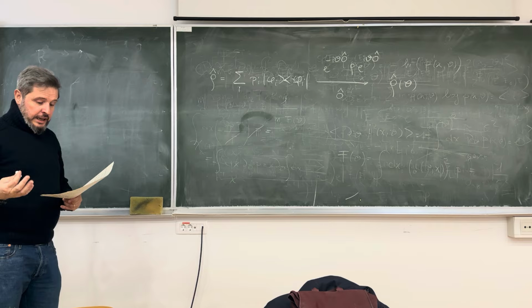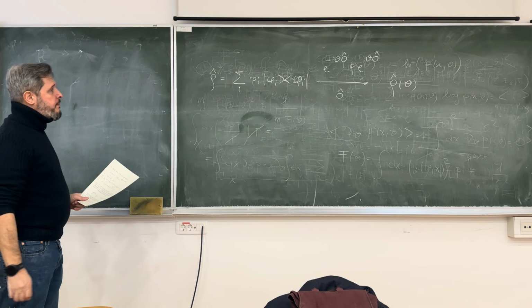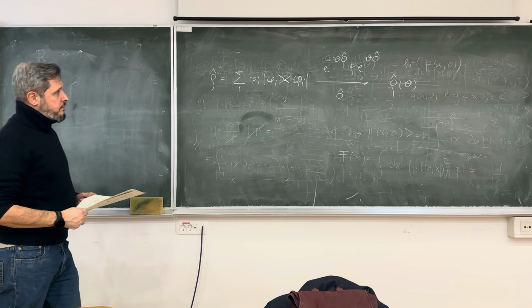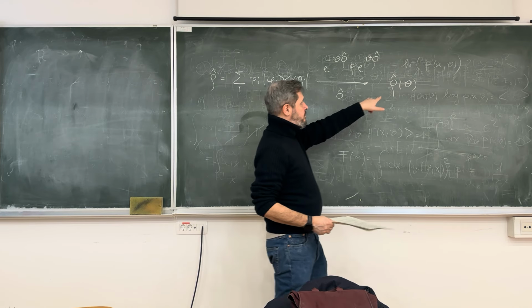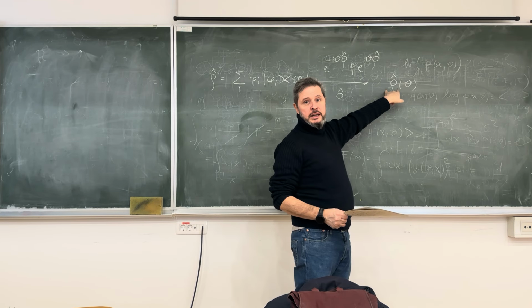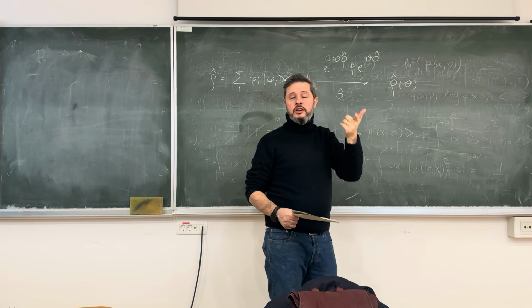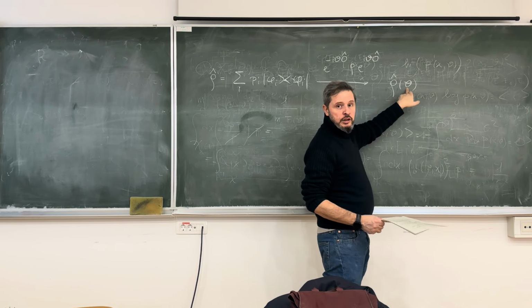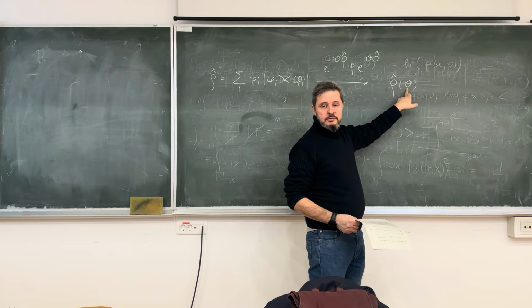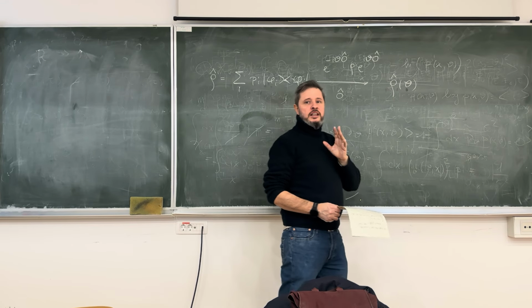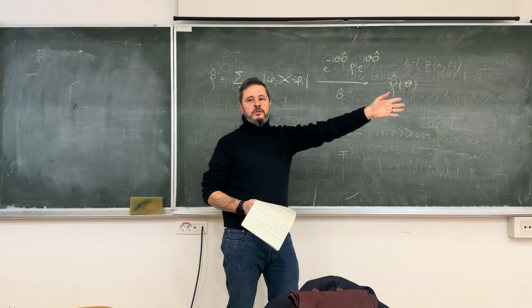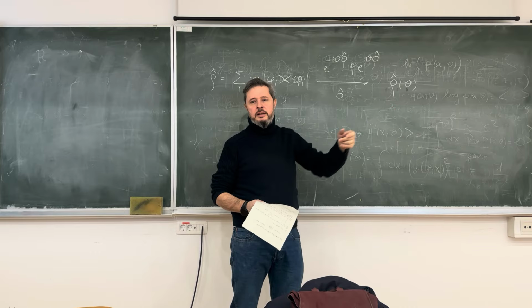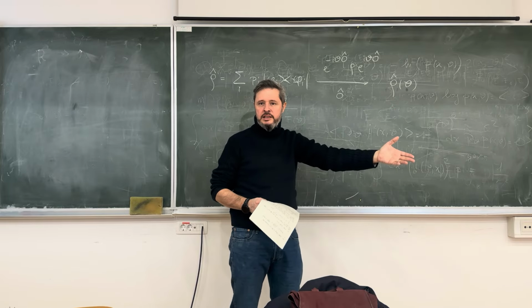And now the question I have is, by doing measurements on this density matrix, what is the best accuracy with which I can infer the value of the parameter theta? So imagine that you have your favorite system, you apply a translation, but you don't know by how much you translated.